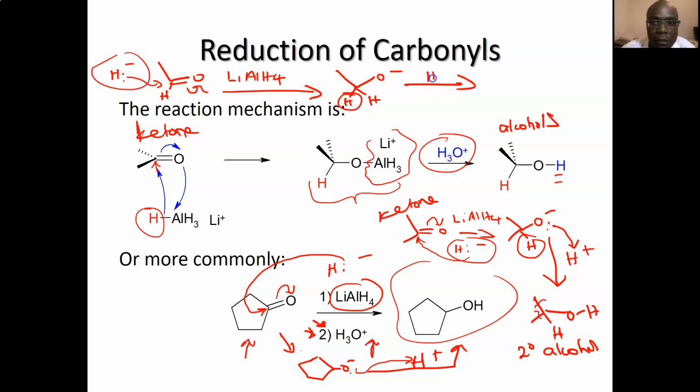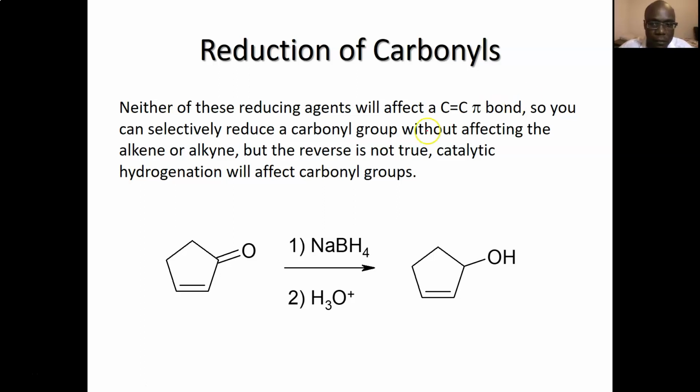And then you go one more step, which is step number 2, adding the acid. The oxygen attacks the acid using the lone pair. You end up with the OH. In this case, this is a primary alcohol coming from an aldehyde. So aldehydes will give you primary alcohols. Ketones will give you secondary alcohols.